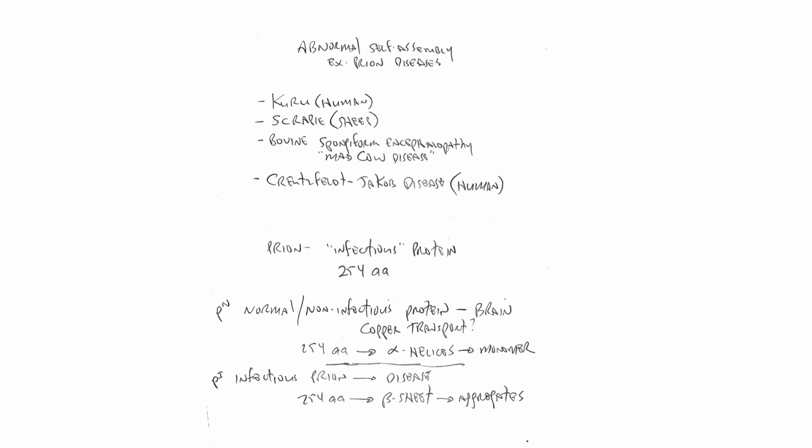Once that was found out, this whole episode went from around 1980 to 2000. About 180,000 cattle died from the disease.